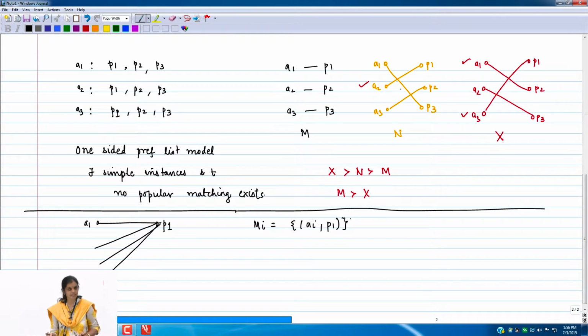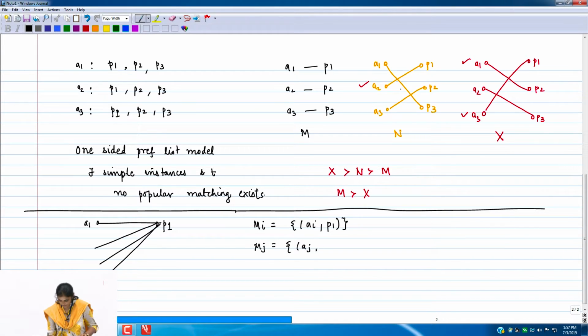and let us ask, is this matching popular? So let us take any other matching, it simply looks like MJ, because there is no point in taking the empty matching because that cannot beat this matching.